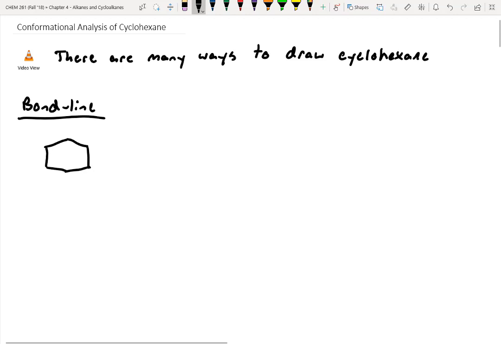All right, the next one's a little bit harder. If we look at this, it doesn't really give you any three-dimensional imagery of what's going on in space. So what we could do is a double Newman projection. So let's say we're looking down both of those carbon-carbon bonds. Let's think about the one on the left.